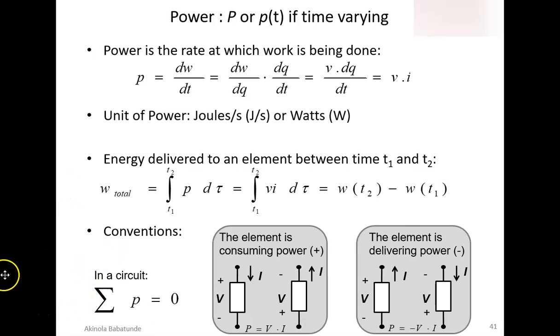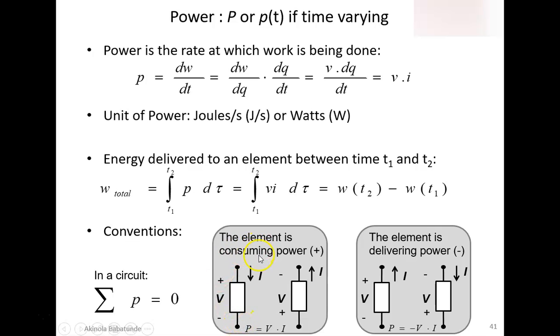So our conventions for power in a circuit: we have to understand that total power, the sum of all the power in a circuit, is equal to 0. Has to be equal to 0. Please pay attention to that. Also, a circuit element is consuming power when current flows from the positive terminal to the negative terminal of the circuit.